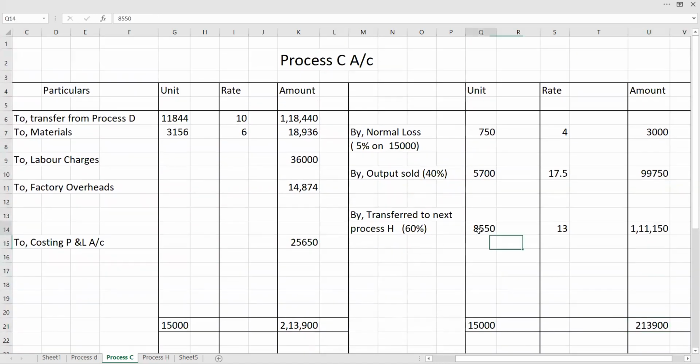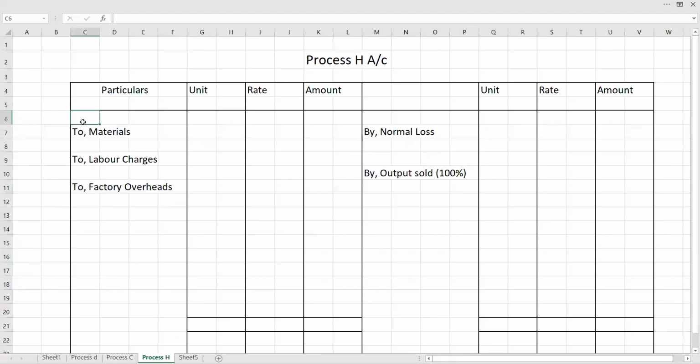आणि आपण next processला 8,550 units transfer करतोय. So next processला जेवढे units transfer करायचे हे आपण first इथे record करून घेऊया.